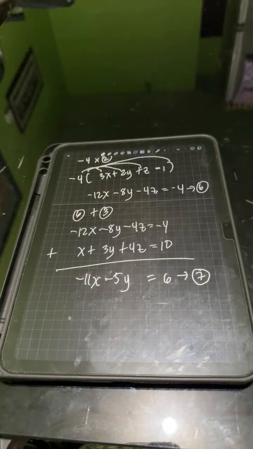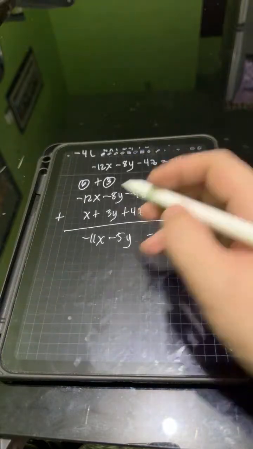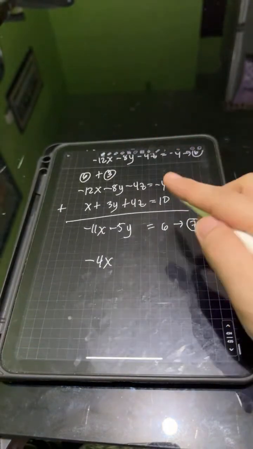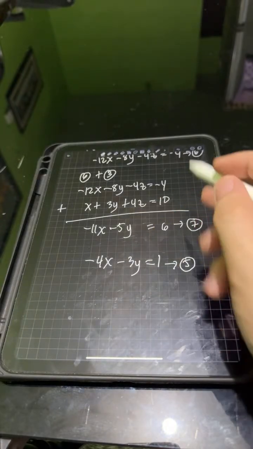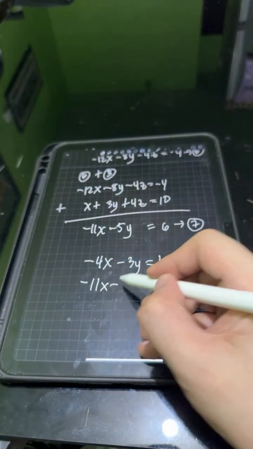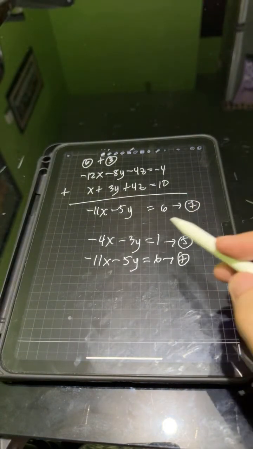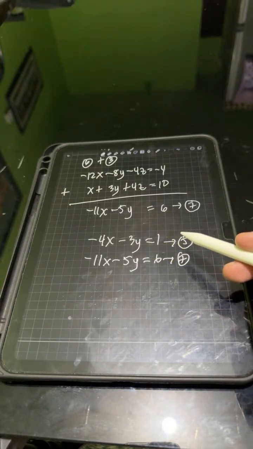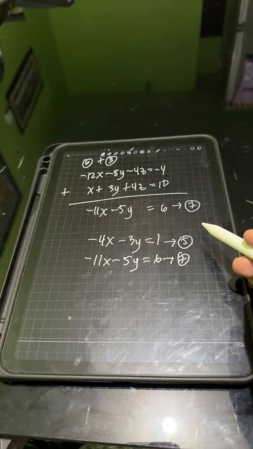Now, we can use equations 5 and 7. Equation 5 is negative 4x minus 3y equals 1. And equation 7 is negative 11x minus 5y equals 6. So we now have two equations in two unknowns. So we can use the elimination method again if we want to solve for y.